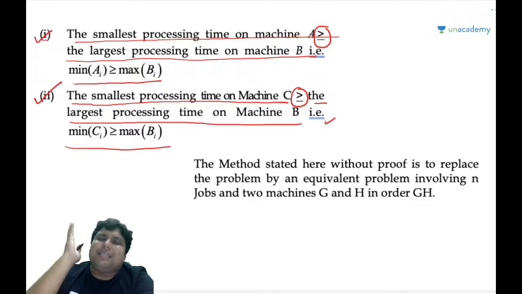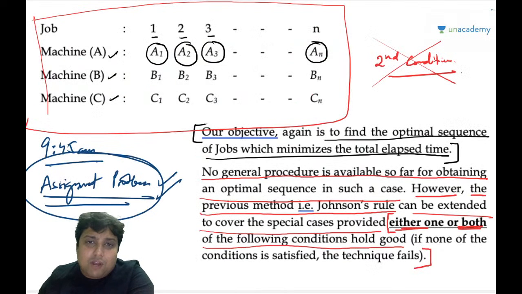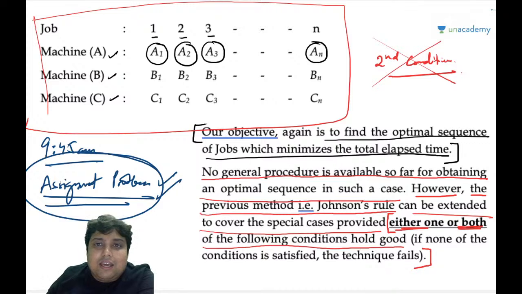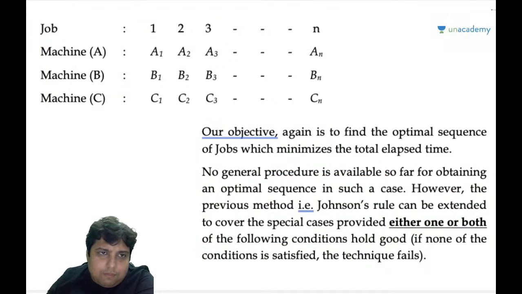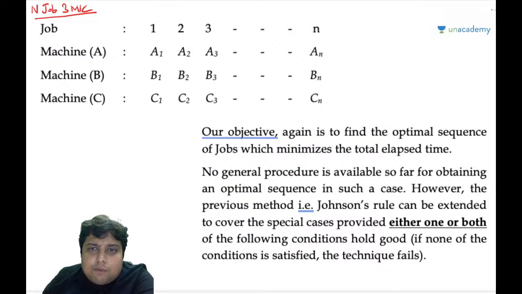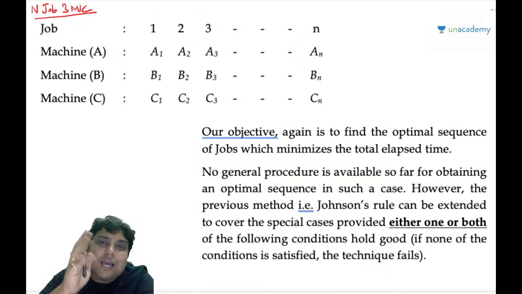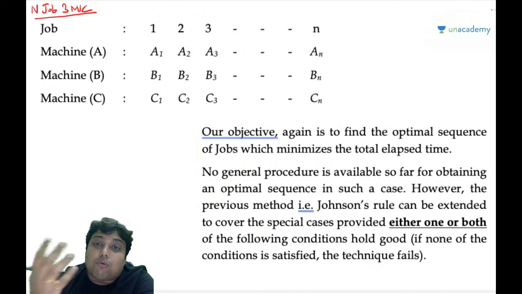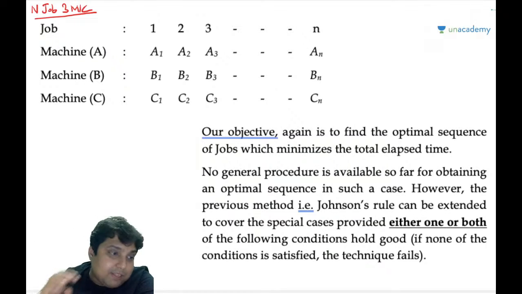Let me explain this. Here you can see an n job 3 machine problem. In this problem, there are n jobs and the machine times for all these jobs are mentioned here. Now what are the two conditions on the basis of which we will decide whether to use Johnson's algorithm technique or not to find the optimal sequence?